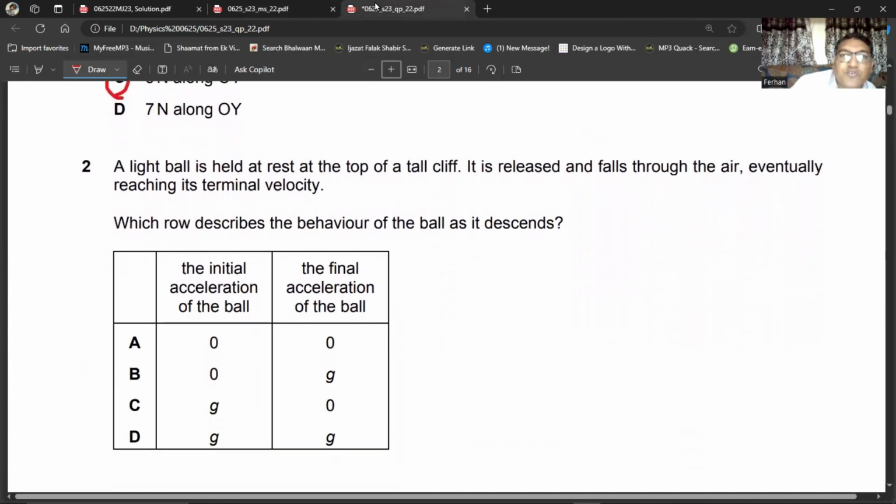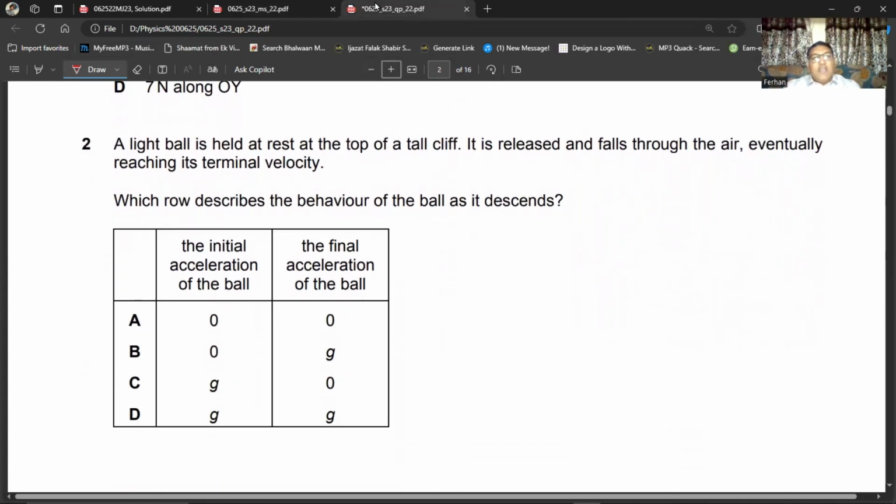The next question coming up on your screen is question number 2. A light ball is held at rest at the top of a tall cliff. Sorry, I said bulb, but it is a light ball. It is released and falls through the air, eventually reaching its terminal velocity.